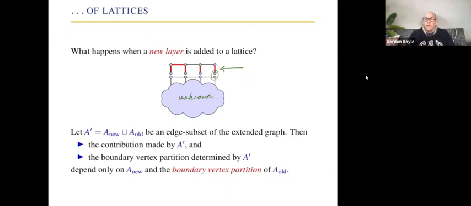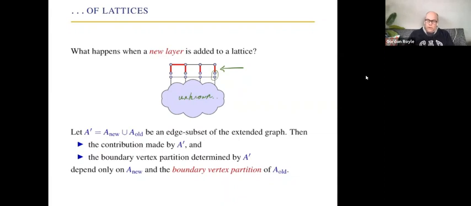All I need to know is what their boundary partition was and what the total contribution to the chromatic polynomial was, because then the total contribution for all of the edge subsets for which these red edges are the new edges is determined purely by those particular edges and the boundary vertex partition that the old edges induced.